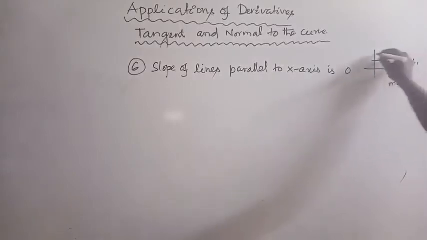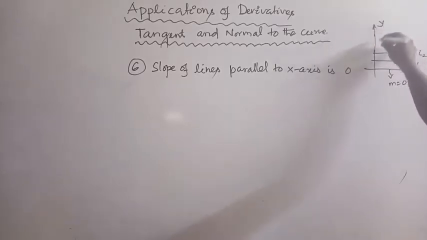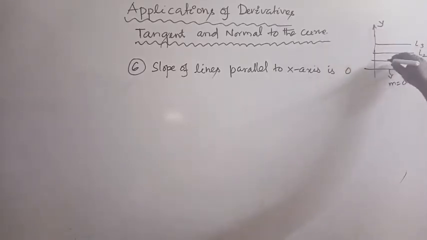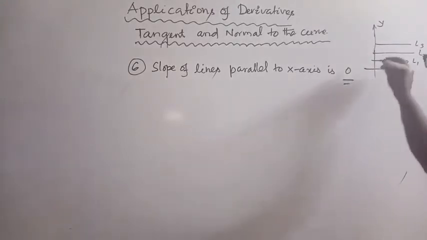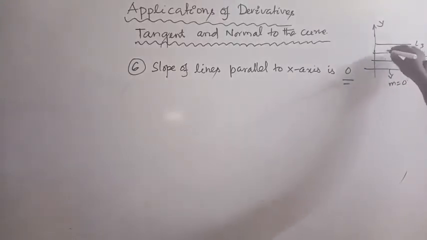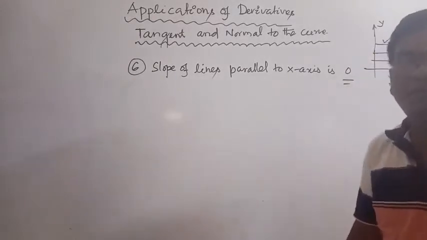This is line L1, line L2, and suppose this is the y-axis, line L3. If two lines are parallel, then the slopes are equal. So the slope of this line is 0, this line is 0, this line is 0, since the slope of the x-axis is 0. Okay.